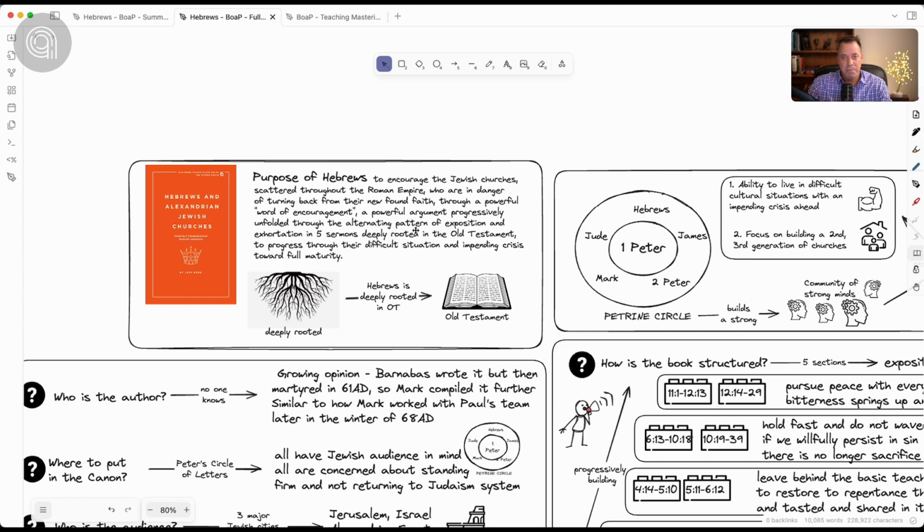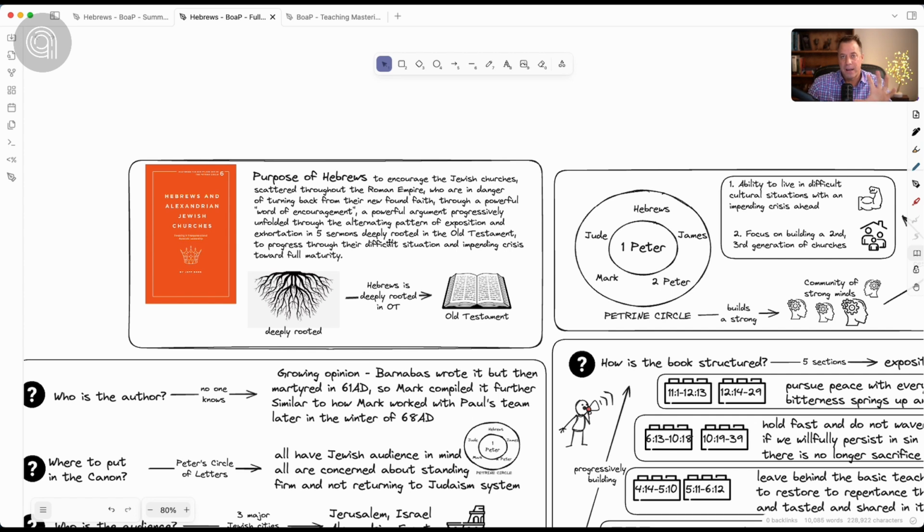through an alternating pattern of exposition, that is explaining something, and exhortation, which is a directive, in 5 sermons that are deeply rooted in the Old Testament. And it's telling them to progress through the difficult, desperate situation that they're in and the impending crisis that's coming in the days ahead, and to move towards full maturity.